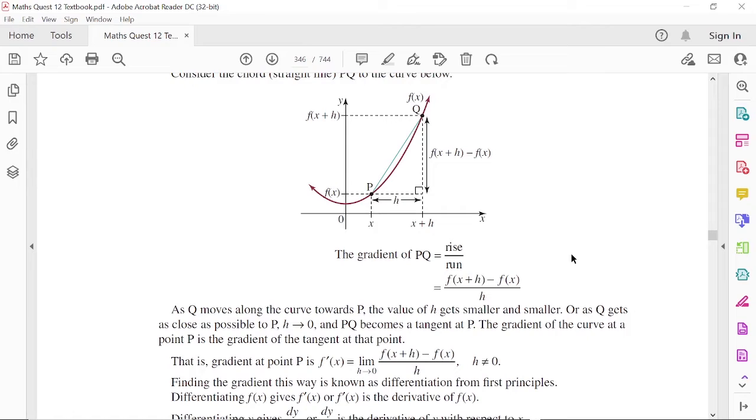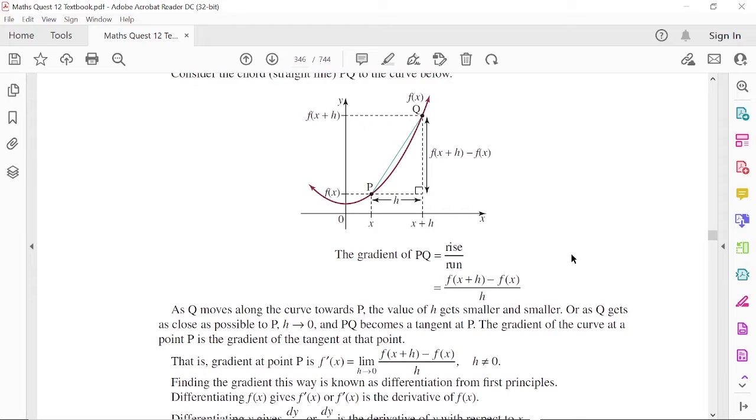The secant joining P and Q, that line, represents an average rate of change. We want an instantaneous one at any point. So we want h actually to be 0. So that's where the limits come into it. We're finding the limit of our gradient function as that h, that horizontal distance, the run, approaches 0.